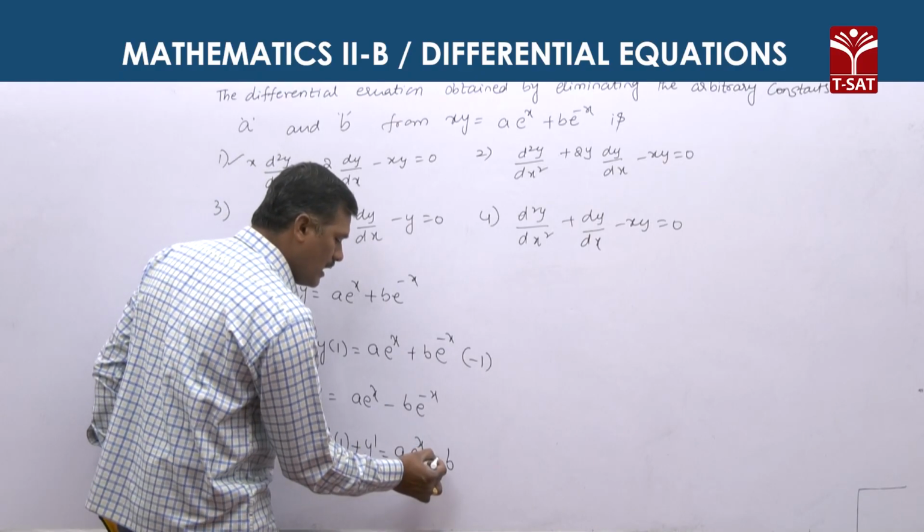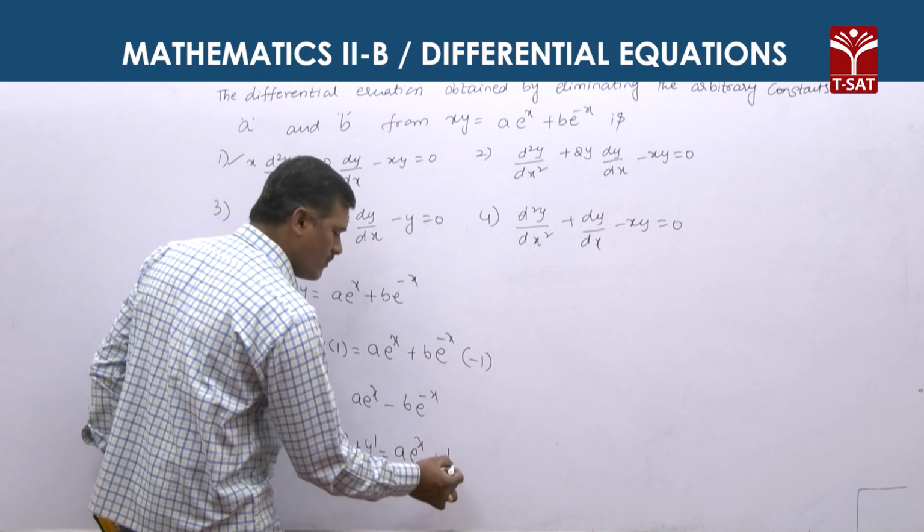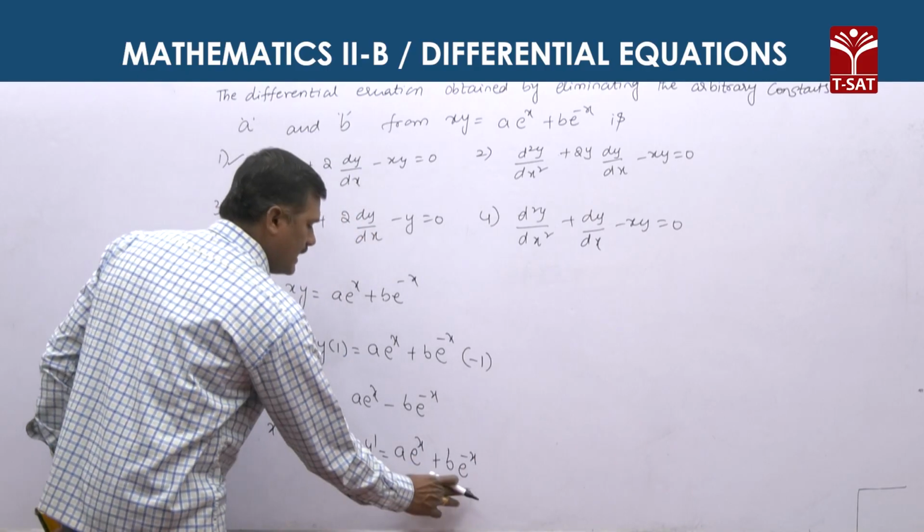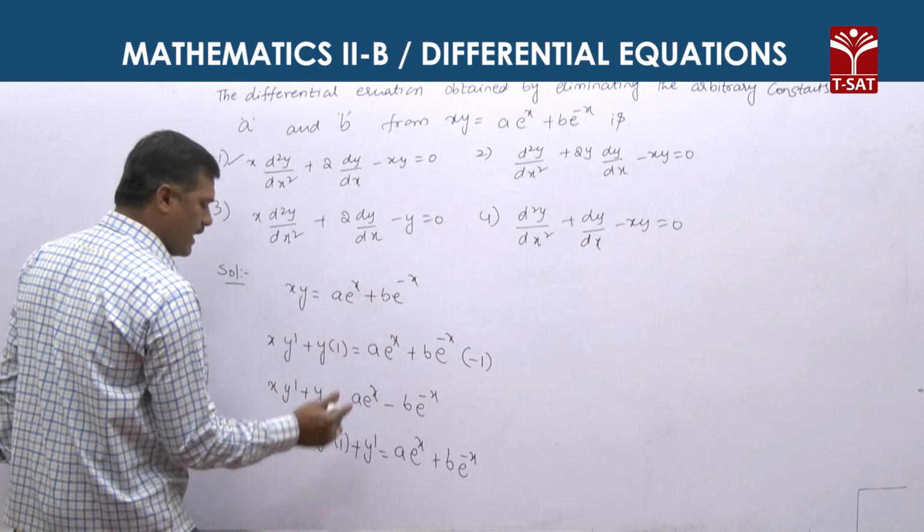Directly you can write it with the negative sign: minus of minus gives plus b into e power minus x. So it is equal to the given value xy.